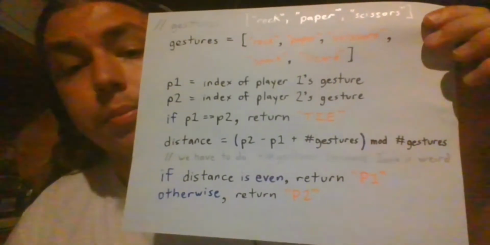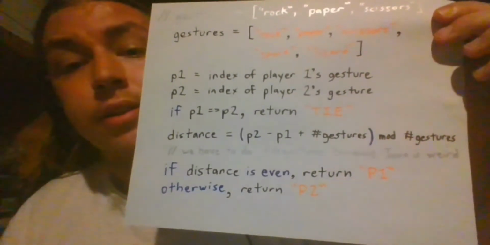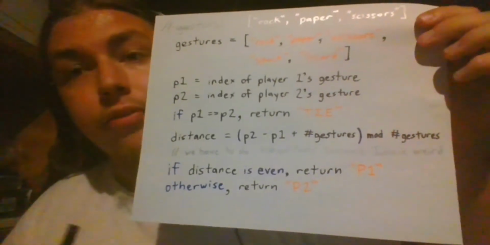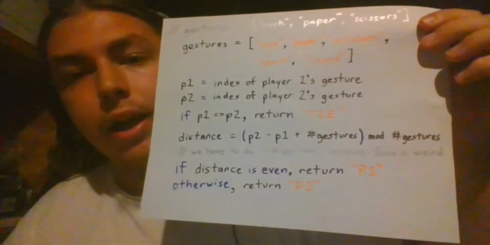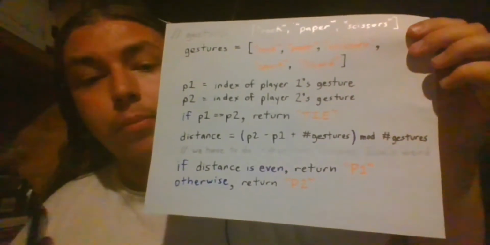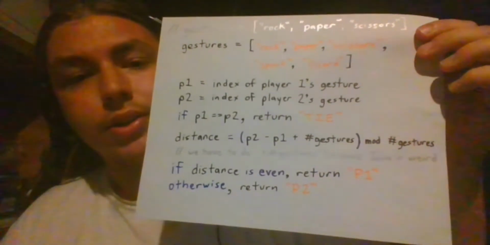And we're doing the plus gestures, modulo gestures, because we are cycling around, and if we somehow get into a negative distance, we actually have to put that in the range of 0 through 2 or 0 through 4.